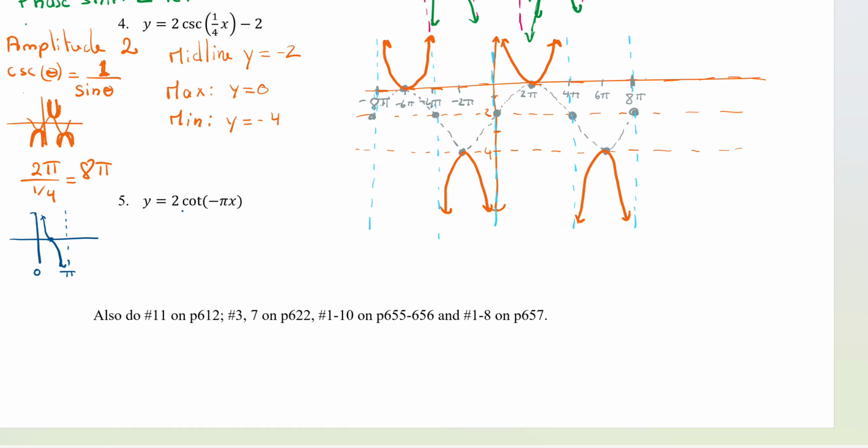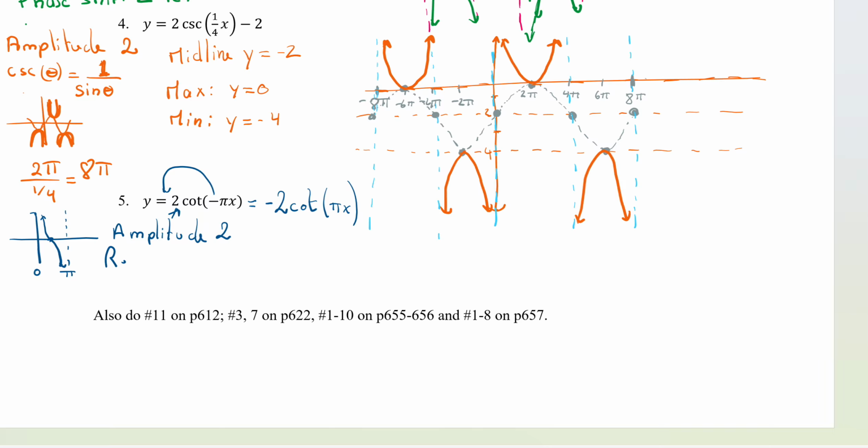And we have an amplitude of 2, so we're going to stretch that a little bit. A cotangent is an odd function, so that negative there can be brought to the outside. So that's the same thing as saying -2 cotangent pi x.